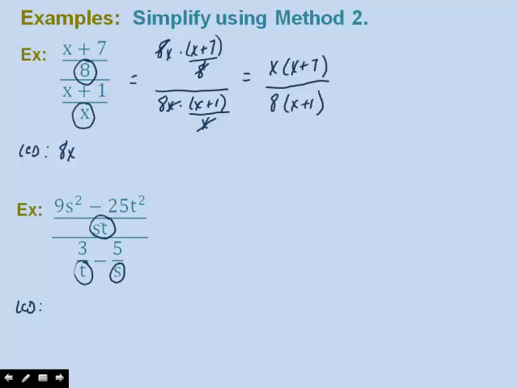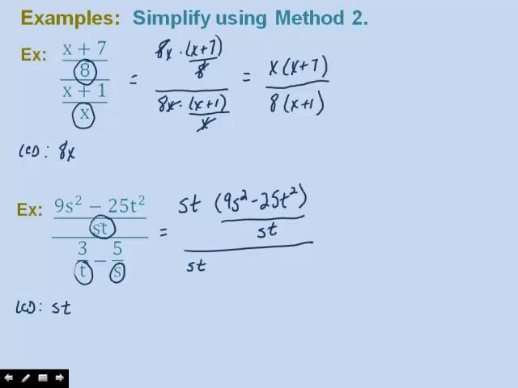Since we have st, s, and t, our common denominator is going to be st. So now we're going to multiply our one rational expression in the numerator by st, and in the denominator, since we had two rational expressions, we're multiplying each one by st separately. We have st times 3 over t minus st times 5 over s.